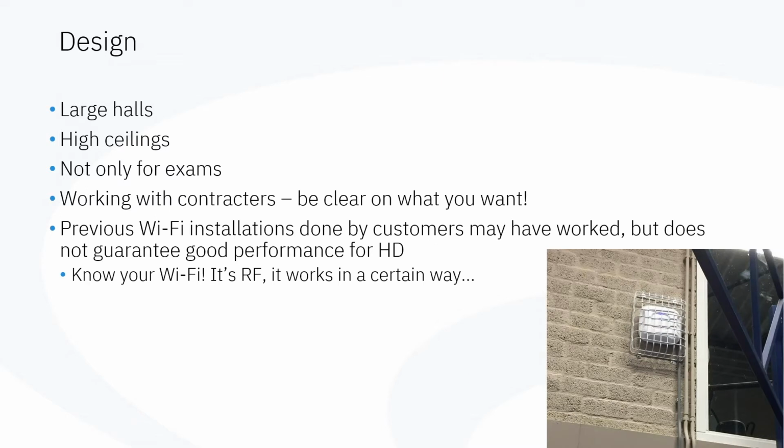And this is actually something that we came across where we have a beautiful mesh around an access point with internal antennas just to shield the access point from rackets, balls, whatever you can throw at them. And of course, this will shield off the access point as a whole device, but it will also shield your RF.